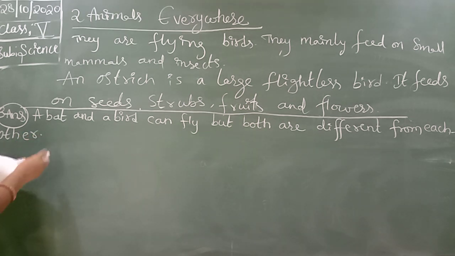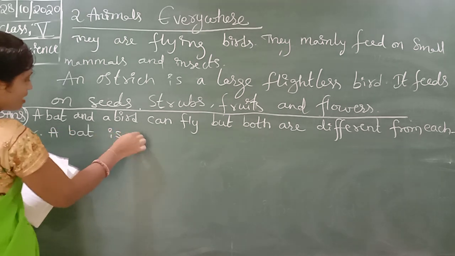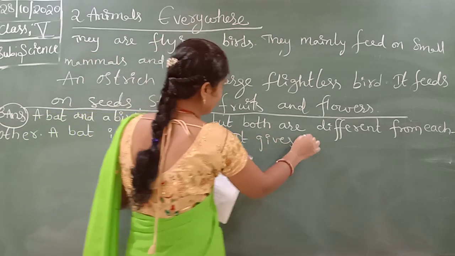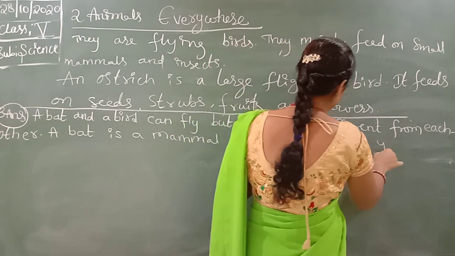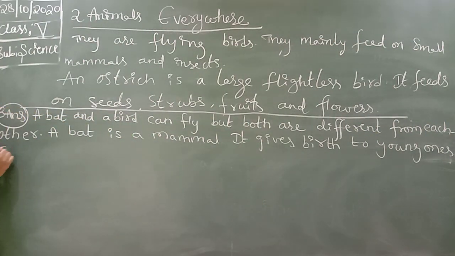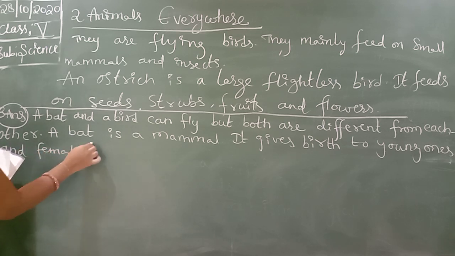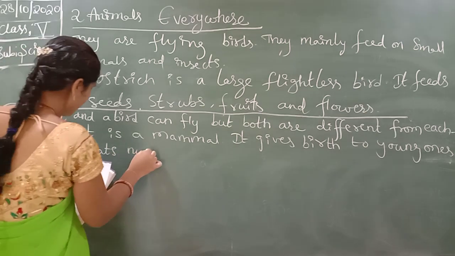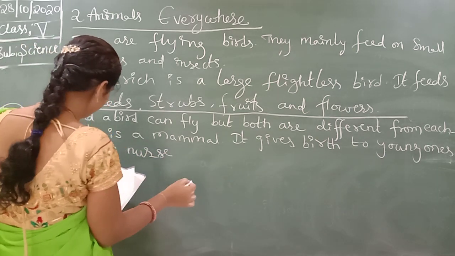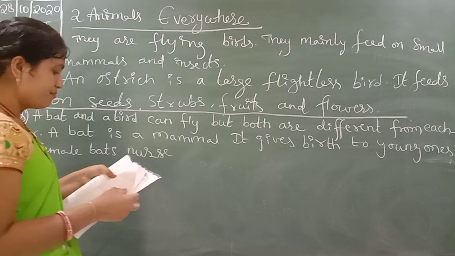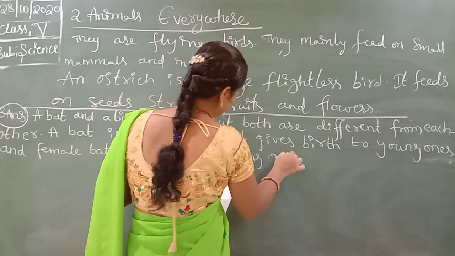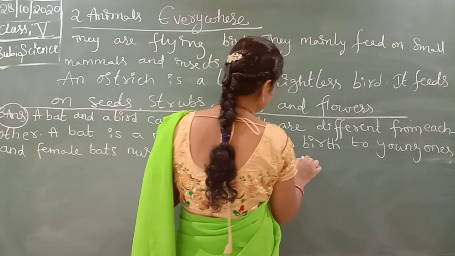A bat is a mammal, it gives birth to young ones, and female bats nurse their young ones until they are nearly adult size.